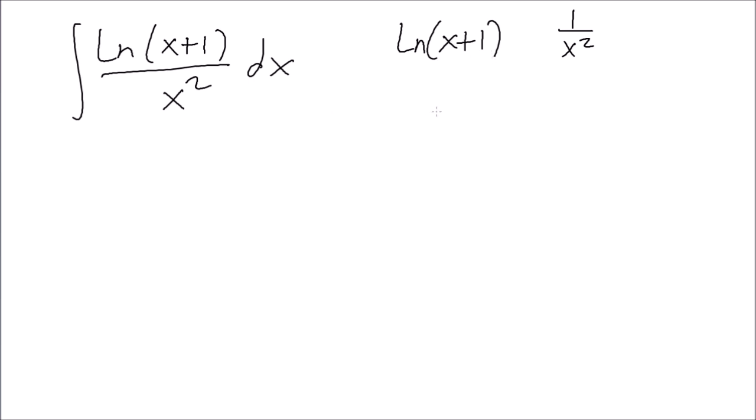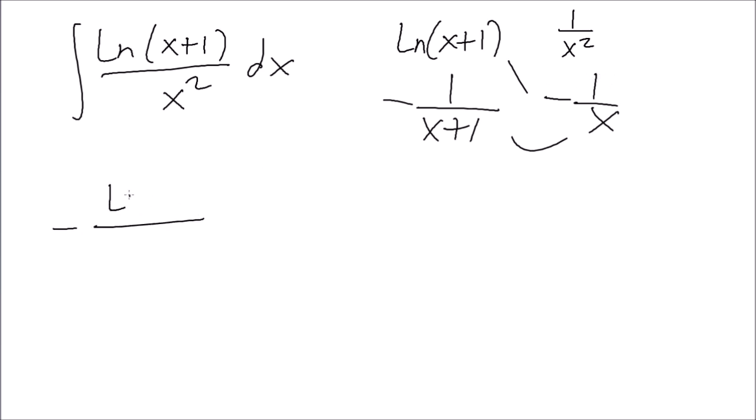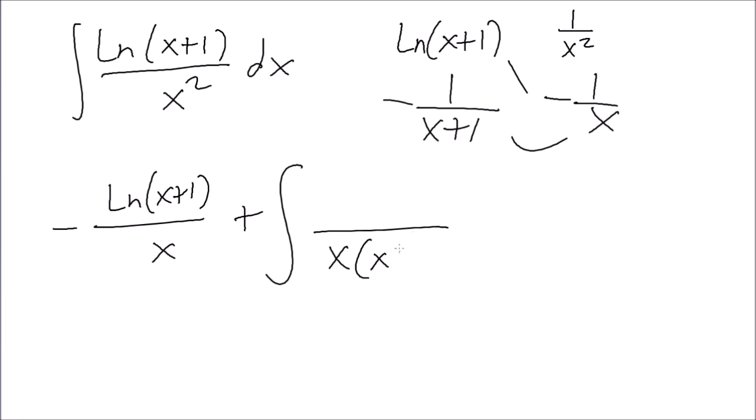So let's just go ahead. This is x plus 1, but it's negative because of alternation. This is negative 1 over x. Okay, so now we have negative ln of x plus 1 over x plus the integral of 1 over x times x plus 1.